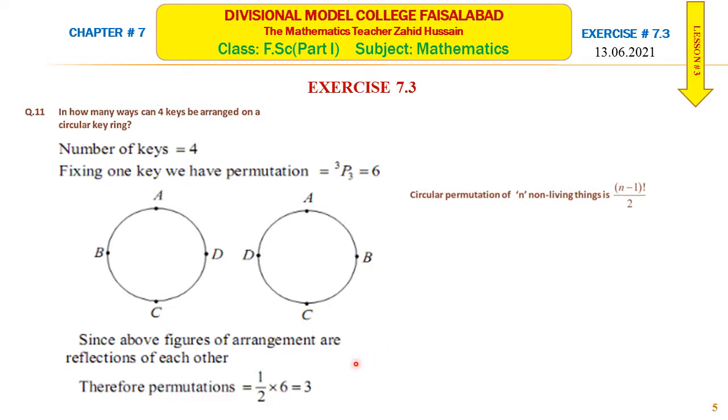One over 2 multiplied by 6 is equal to 3. So the total arrangement of 4 keys on a circular key ring is 3.